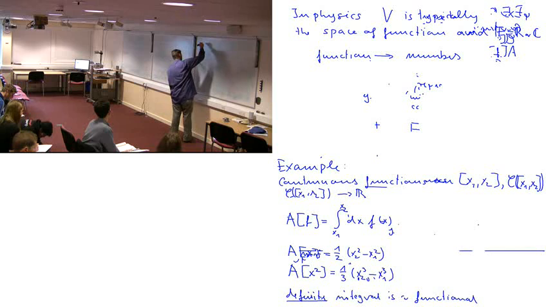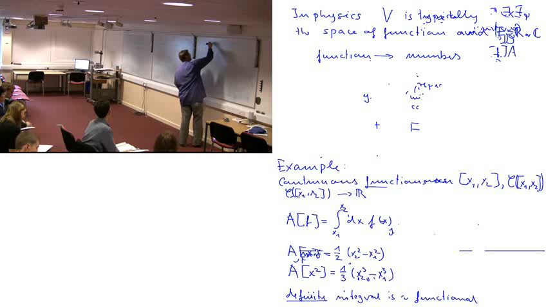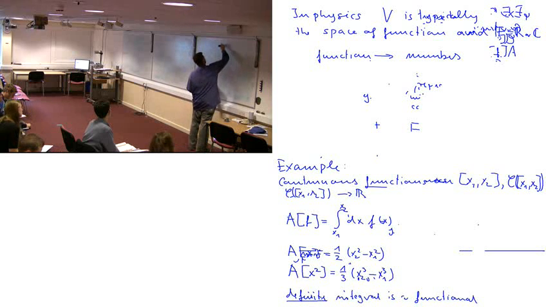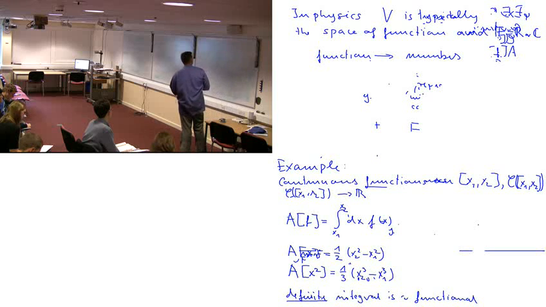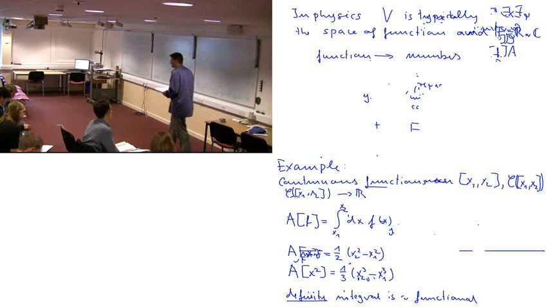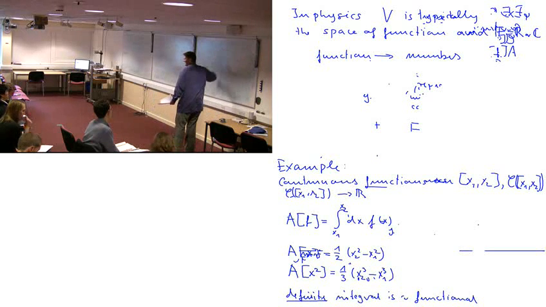For example, we could have a functional b of f, which is an integral dx f to some power n of x. Or maybe I should be a little bit more careful and do it like this. So this is also a nice functional if we take n bigger than 0. But you are absolutely right.